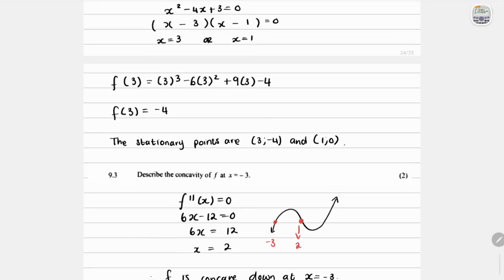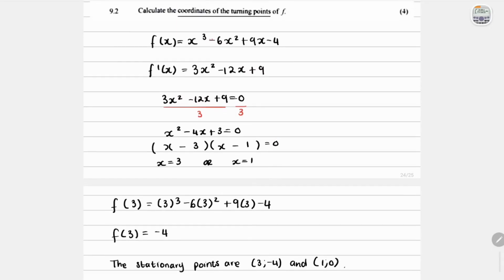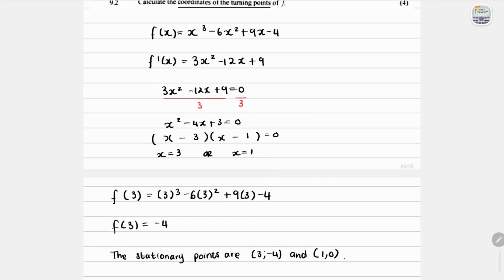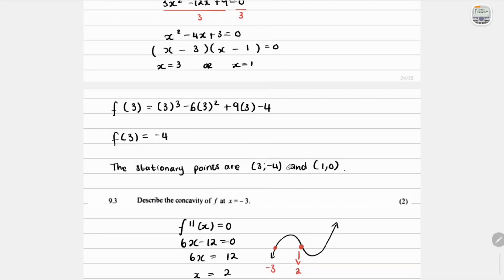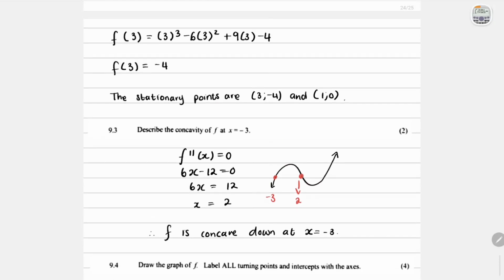We have the stationary points. We know that one of them is an x-intercept and a stationary point. That's at x equals 1. And then the other one is this. So these are your two stationary points: (3, -4) and (1, 0). So (1, 0) will be here, and (3, -4) would be here.